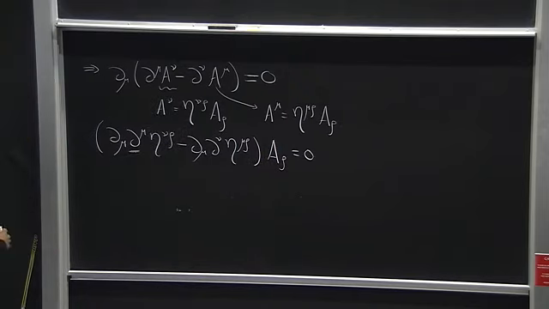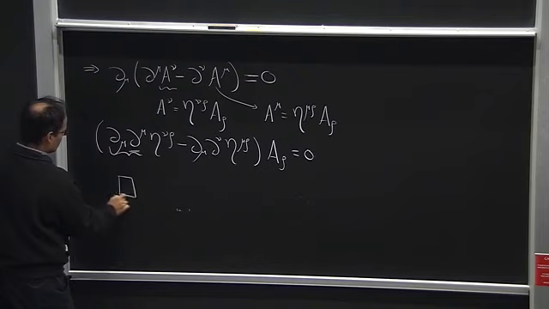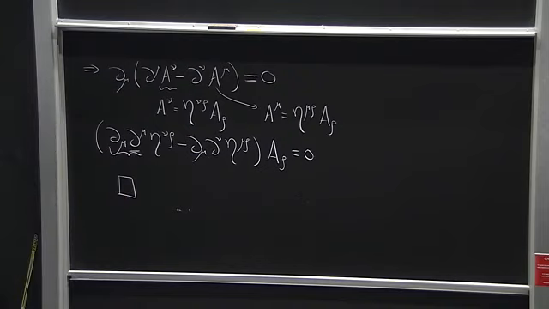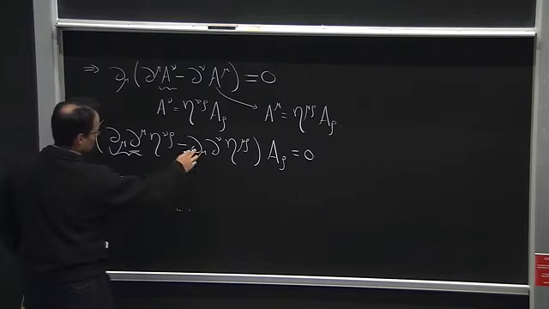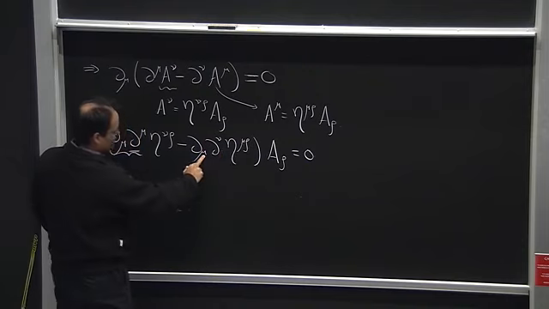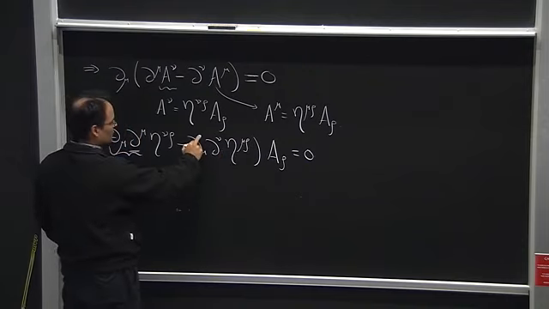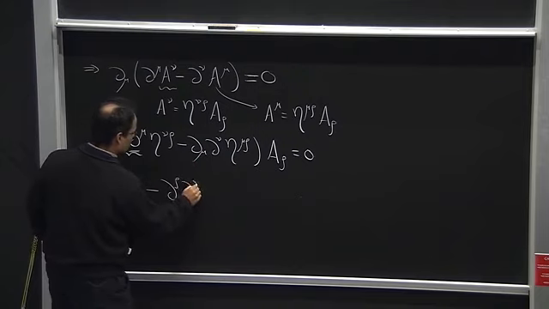Now, if you remember, this is the object that people like to call the box operator. So we have eta nu rho, the box operator, minus this combination here, which with this index, I can happily move this guy up, and we have something that looks like this.